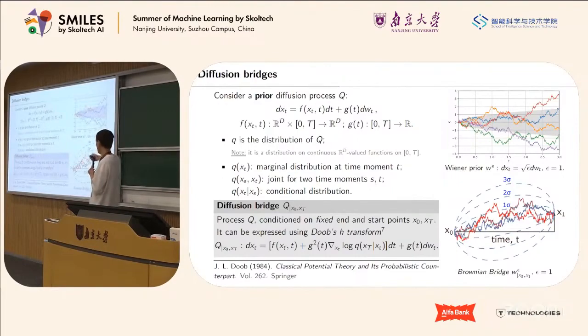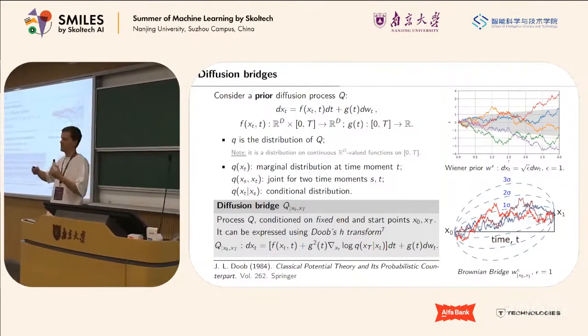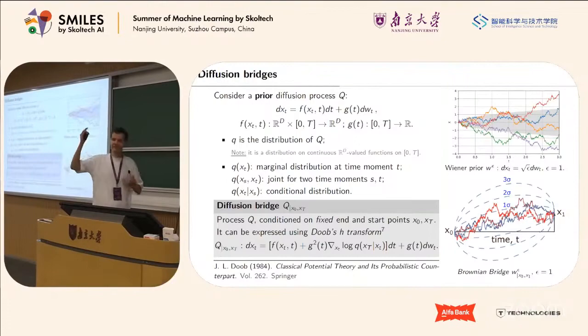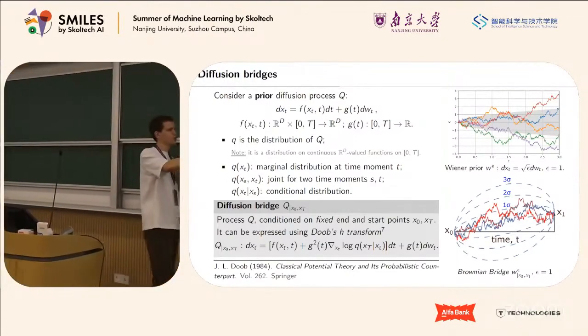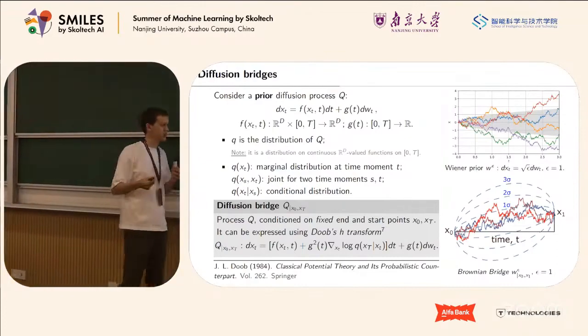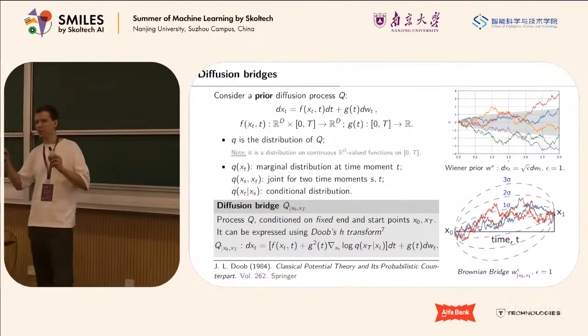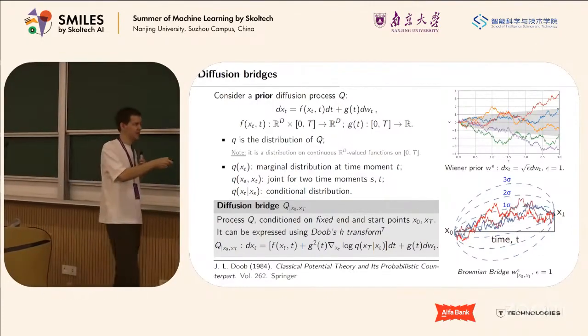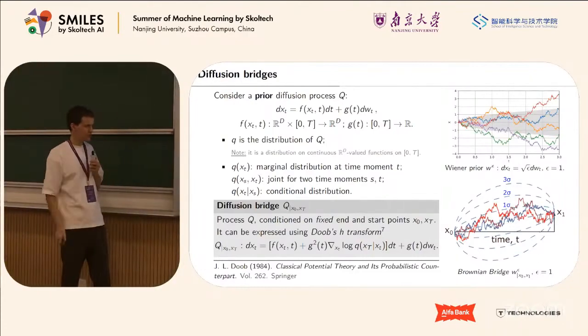Throughout the lecture, we will actively use the standard Wiener process, actually not standard, but with some rescaling of its variance, so this square root of epsilon is just the standard deviation of this rescaled Wiener process. We'll use the notation Q to denote the distributions, like the joint distributions at several time moments of the stochastic process, like the marginal distribution at time moment t, the joint distribution at two time moments, conditional, and so on.